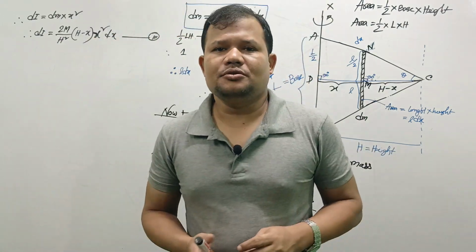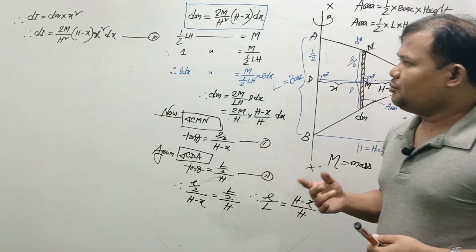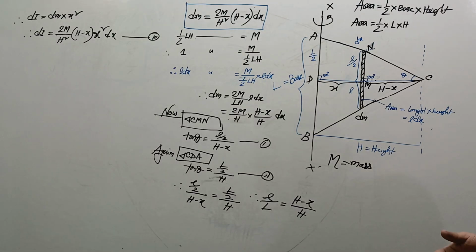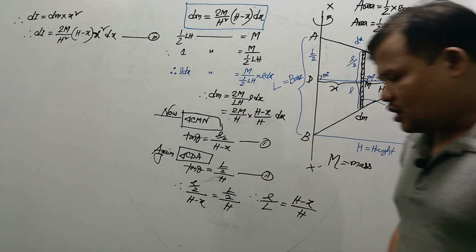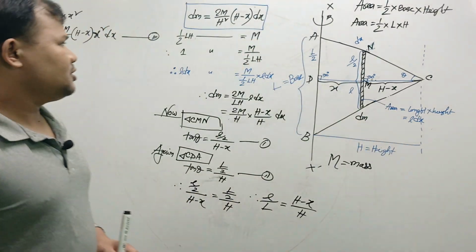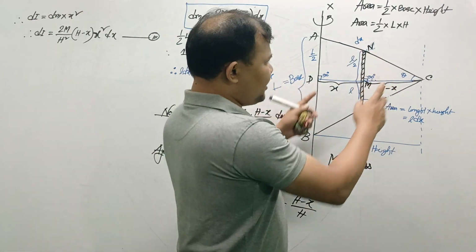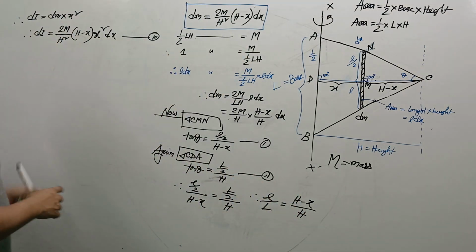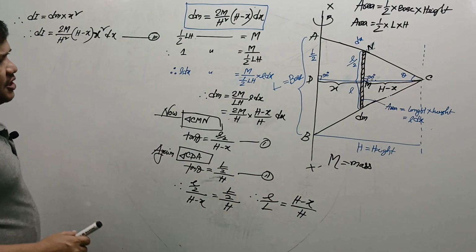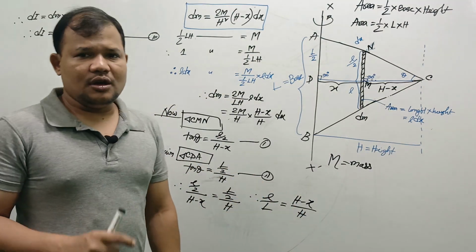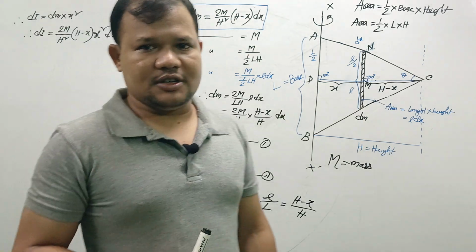Now our duty is to integrate both sides. If we integrate both sides, then we get the total moment of inertia of this triangle. Before integrating, we must set the limit.